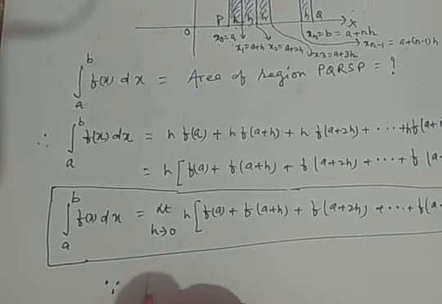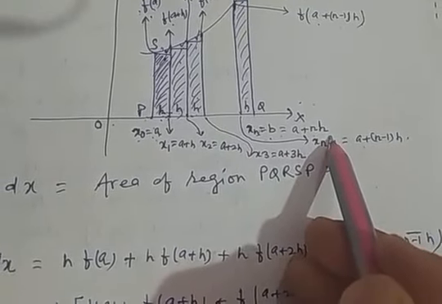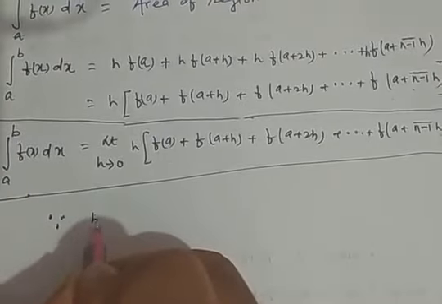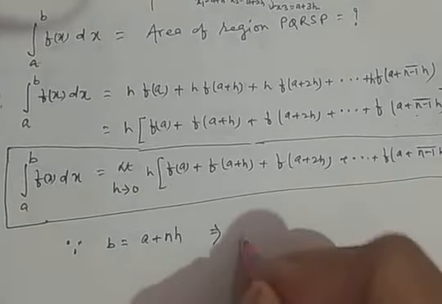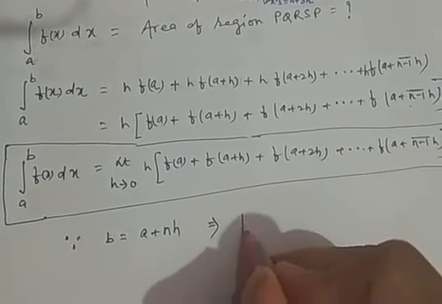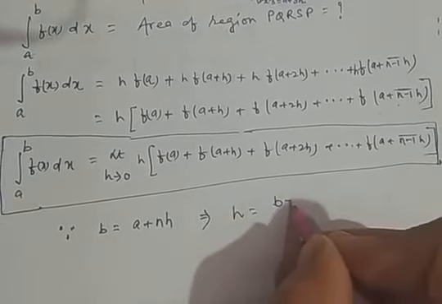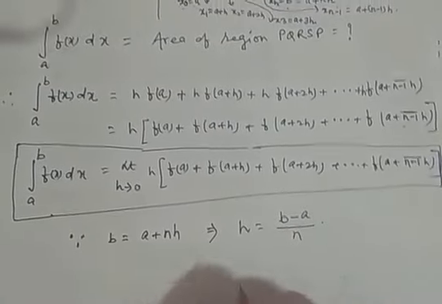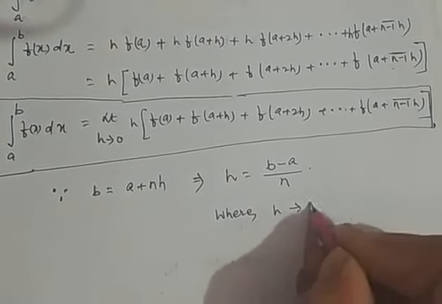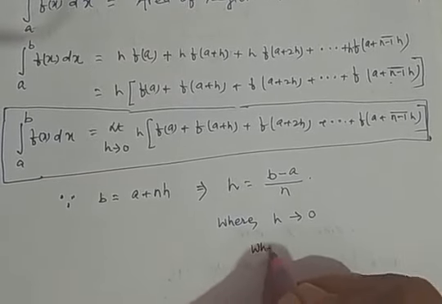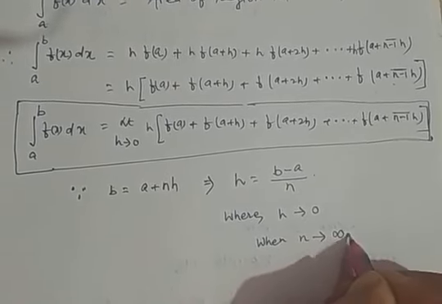Here students, we know that b is equal to a plus nh, this implies h is equal to (b - a) upon n, where h tends to 0 when n tends to infinity.